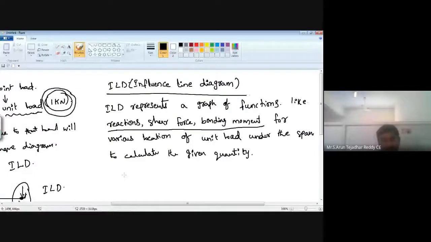Generally, this influence line diagram is an advanced topic. Mainly when we are using this type of ILDs, it is for live load purposes.